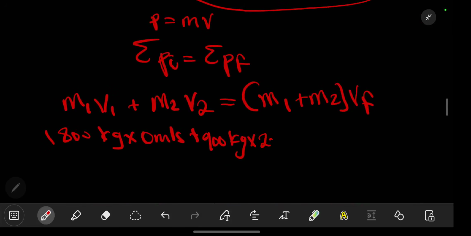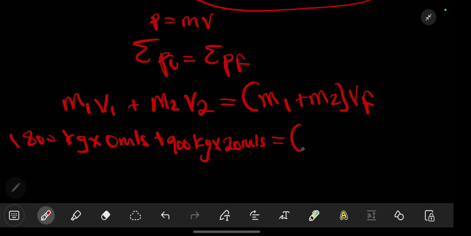This should be equal to the two masses, 1800 kg plus 900 kg, times the final velocity, because they move with one common velocity.